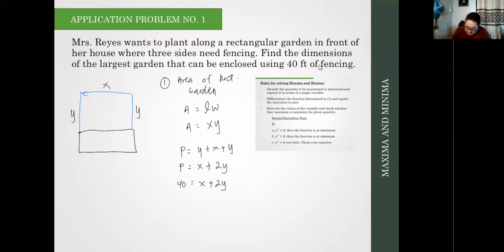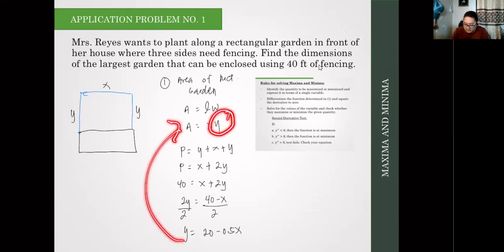So this will be 2y is equals to 40 minus x. Divide natin both side by 2. So we have y is equals to 20 minus 0.5x. Okay? So ito yung value ng y na pwede mong i-substitute dito sa y mo dito. Para yung equation mo ng area is maging single variable lang. Okay? So, lagay ko lang ito dito.